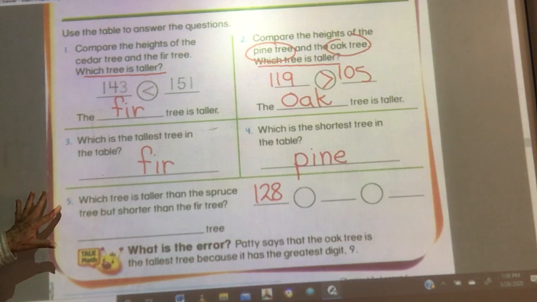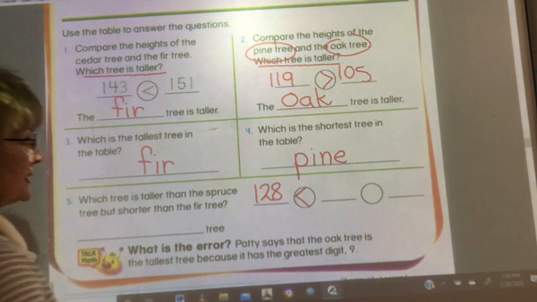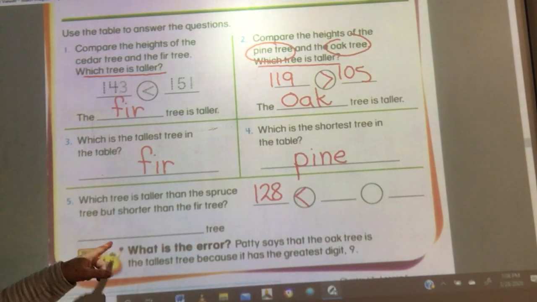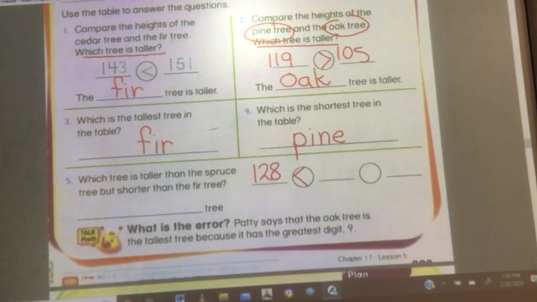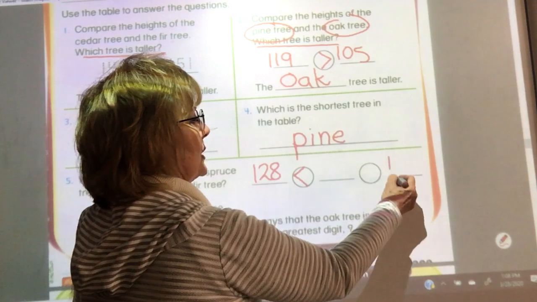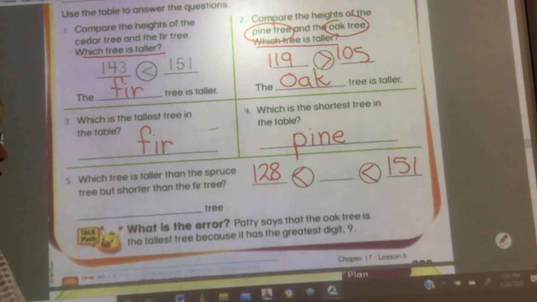So if it is taller than the spruce but shorter than the fir, what is the fir? 151. So in other words, it comes in between, right? This sign will be the same.